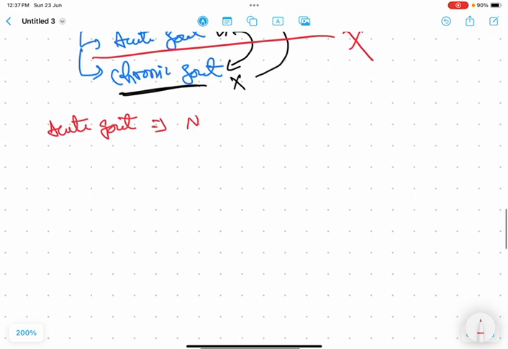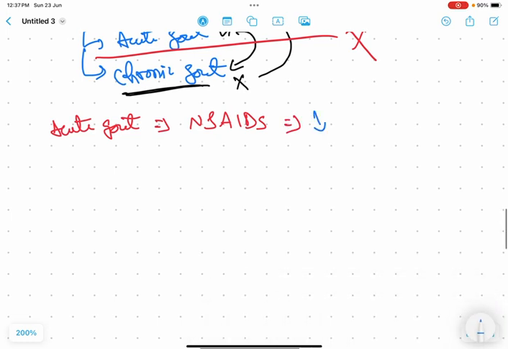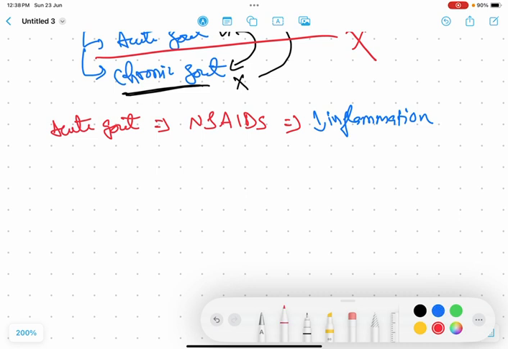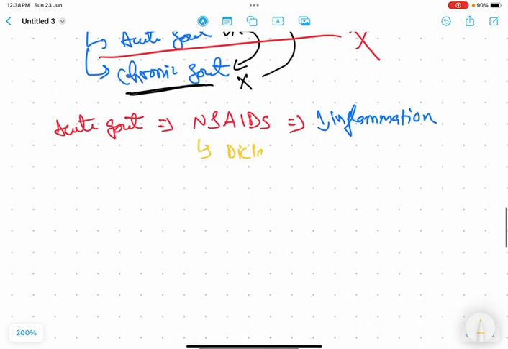we prescribe NSAIDs, non-steroidal anti-inflammatory drugs. What do these drugs do? Simply, these drugs decrease the inflammation. For example, diclofenac, indomethacin.